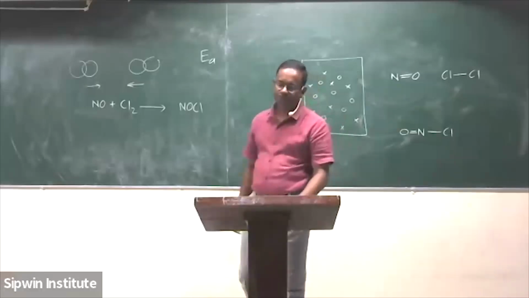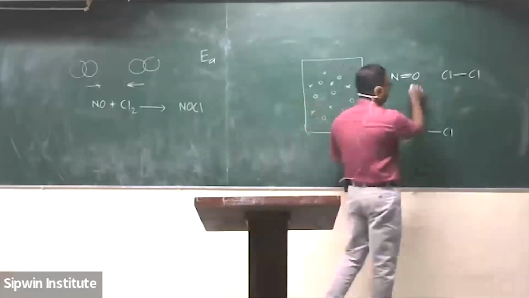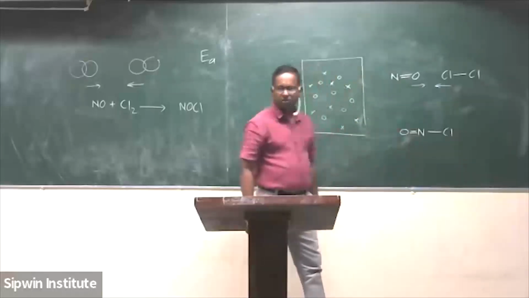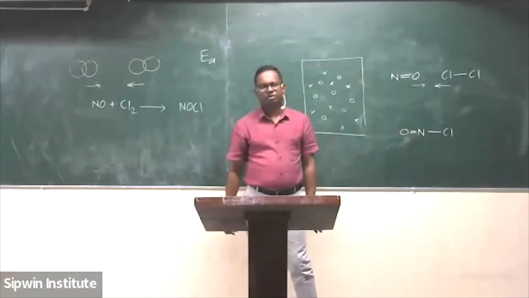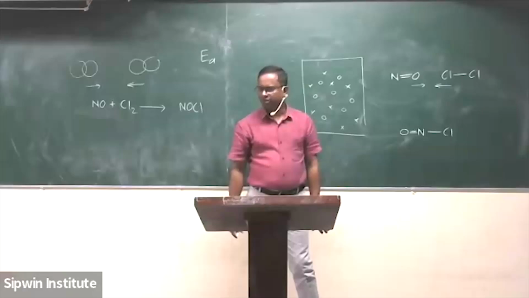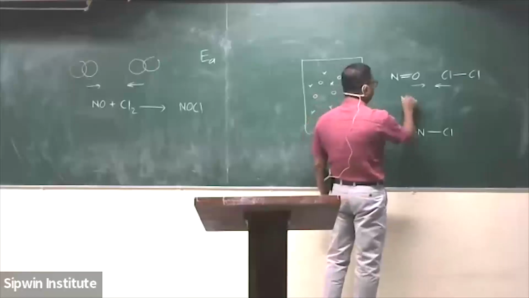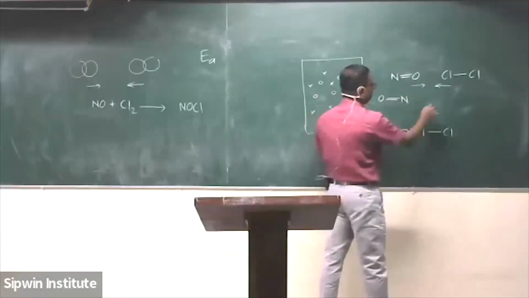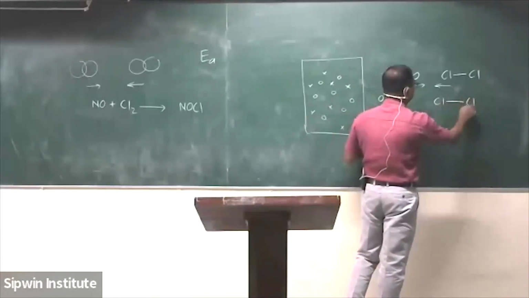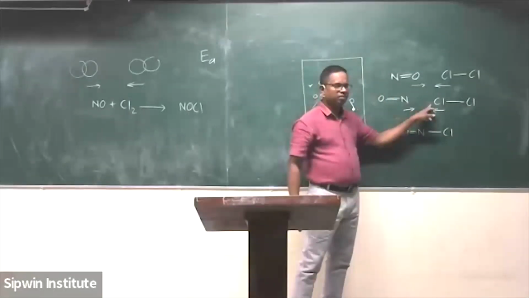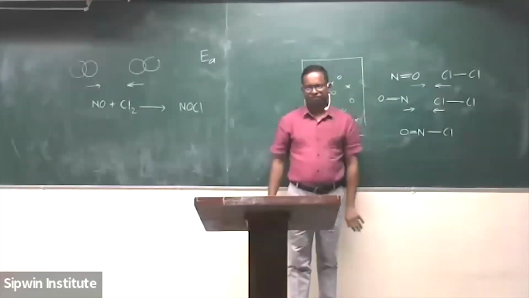No. Then this way, with that, is a nitrogen chlorine bond possible? No. So that is not a proper orientation, not a suitable orientation. All right. Therefore, if it happens like this way, now it is possible to produce a bond between nitrogen and chlorine.